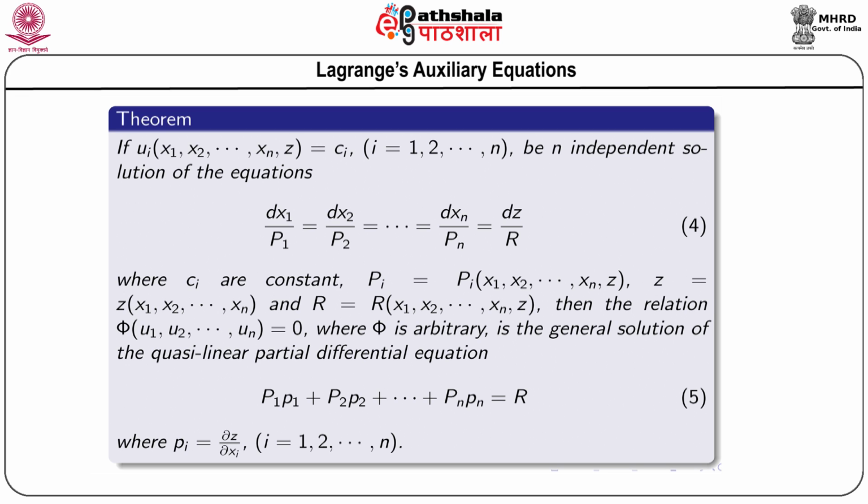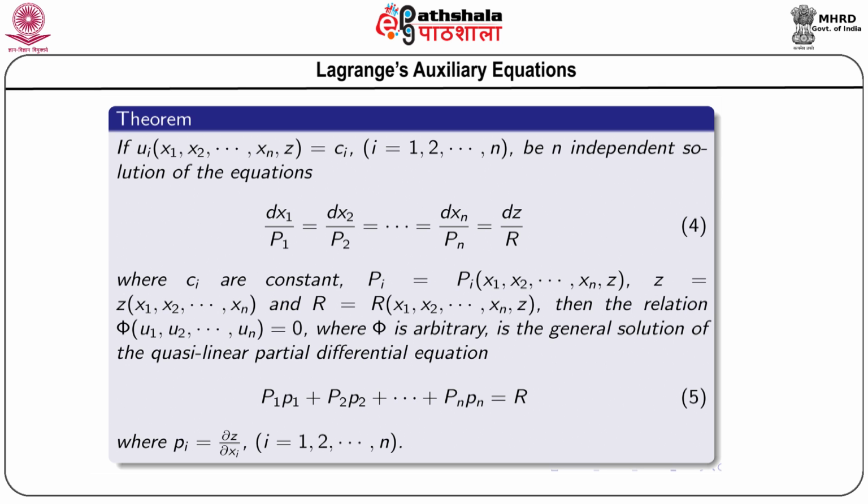If u_i(x1, x2, ..., xn, z) equals c_i, where i equals 1 to n, be n independent solutions of the equations dx1 by P1 equals dx2 by P2 equals ... equals dxn by Pn equals dz by R, where c_i's are the constants and P_i's are functions of the independent variables x1, x2, ..., xn and the dependent variable z, and z is the function of x1, x2, ..., xn, and capital R is function of n independent variables and the dependent variable z.